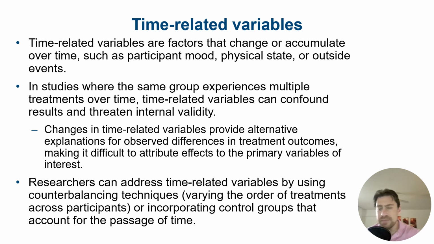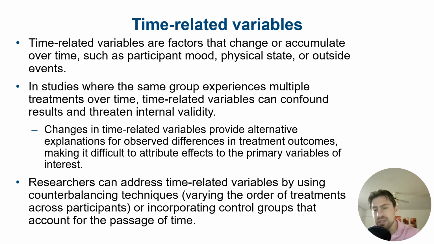And finally, time-related variables can be confounding as well. Time-related variables are variables that accumulate or change over time. And this is especially a problem if you're using what is called a within-subject design, in which the same group of people undergo multiple conditions or multiple treatments.